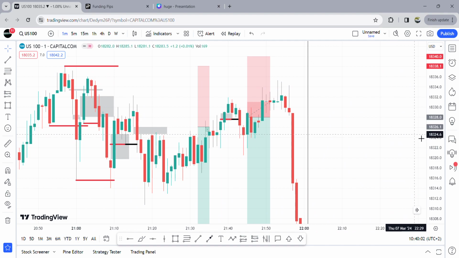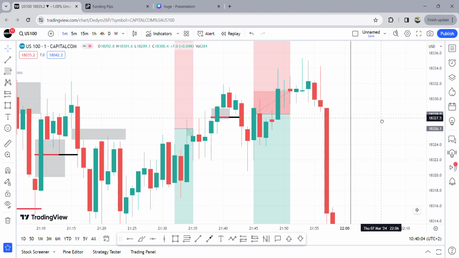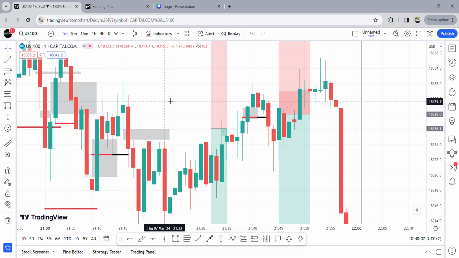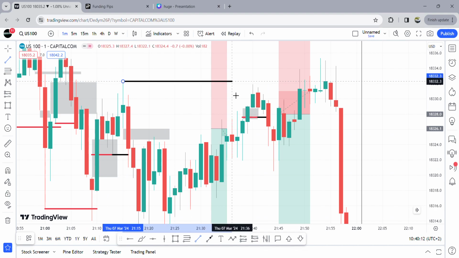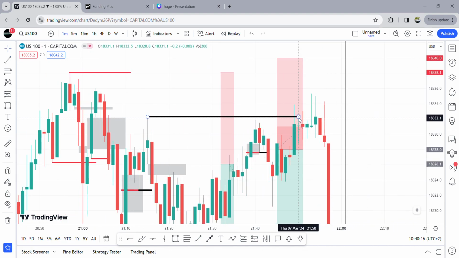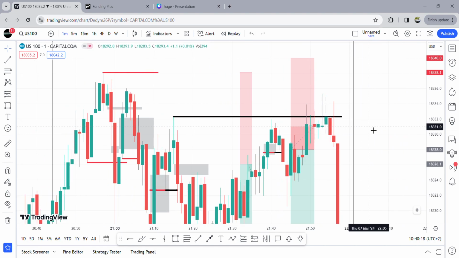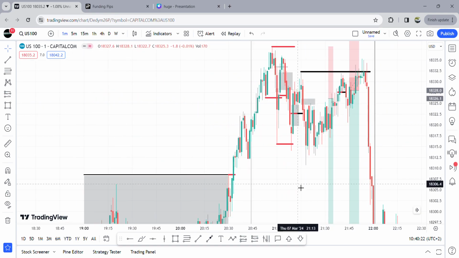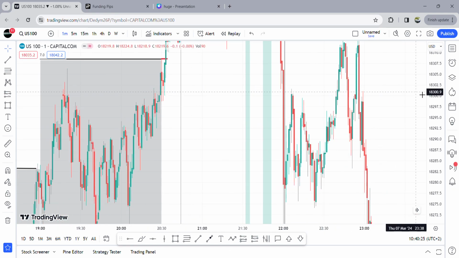But because I tried to be fancy, when I entered this one, I'd seen this pattern and I thought this high was now super important and it's probably not going to take that high out, and it just wicked through the highs. Yeah, I was actually quite bleak. It wicks through the highs and then takes me out of the trade and continues super heavy in my direction.